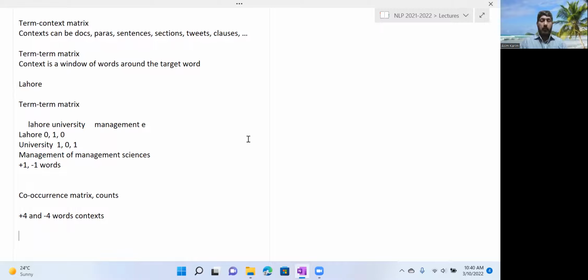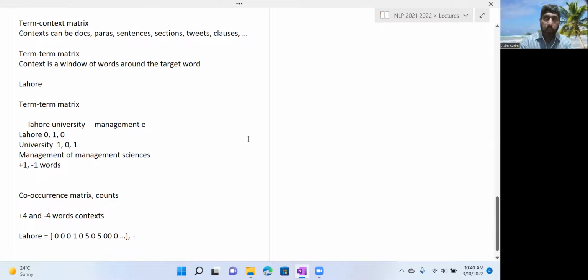So now, again, we have created a matrix. We have created a vector representation for a word. If you consider the row of any word, let's say row of Lahore, right? So this would be a vector. So 0, 0, 0, let's say 1, 0, 5, 0, 5, 0, and so on.